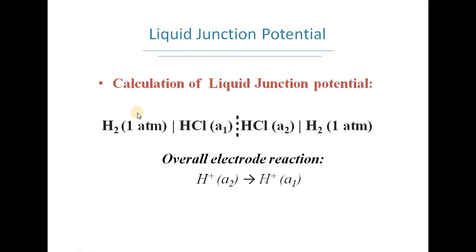Now we have already gone through this concentration cell. In this concentration cell, the overall electrode reaction taking place is H+ ions moving from the solution of activity A2 to the solution of activity A1.